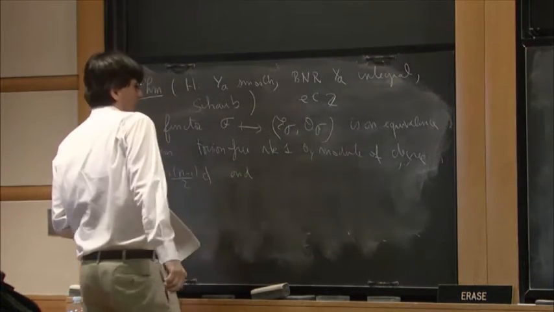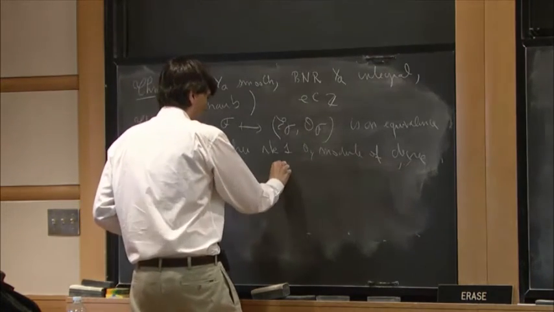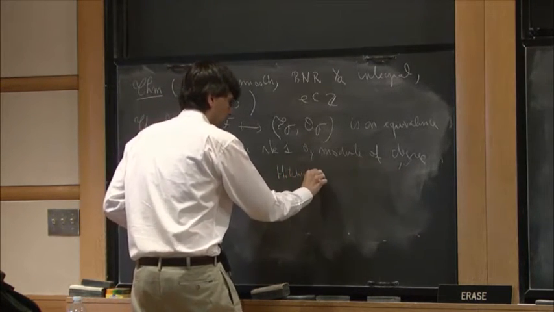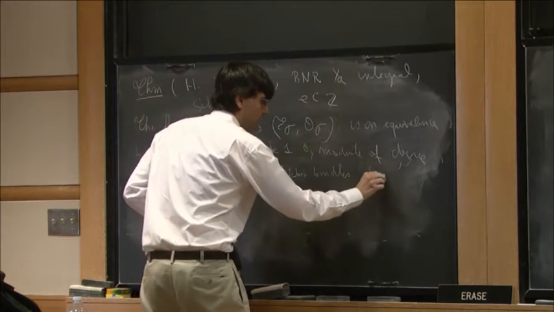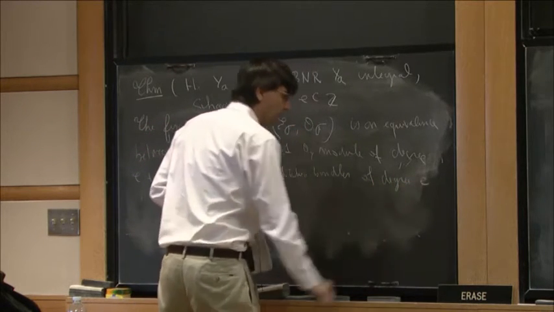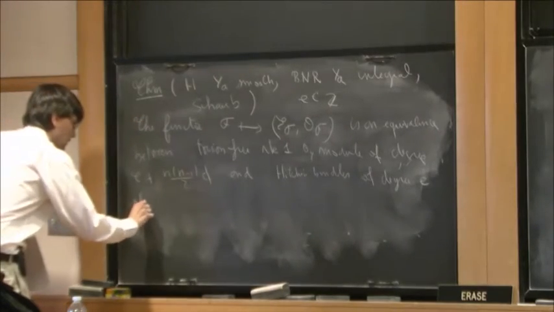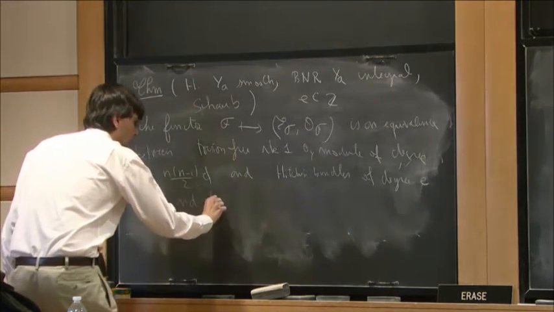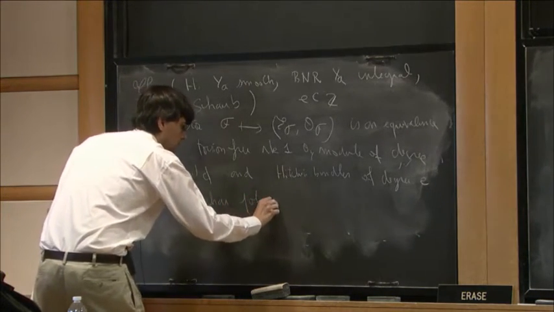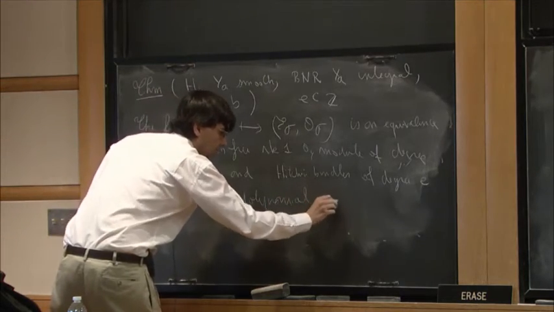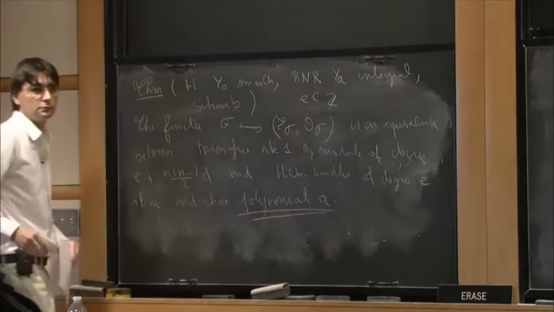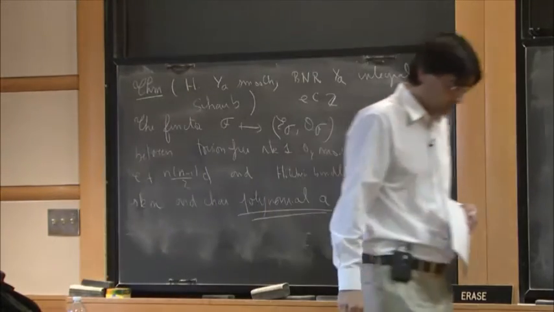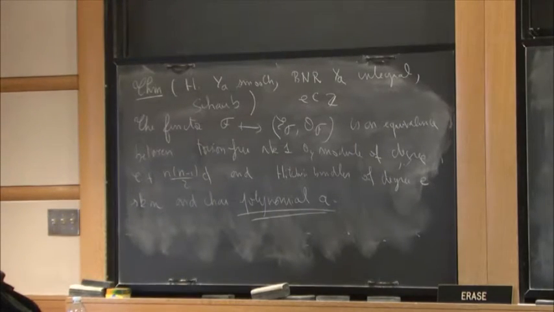and the groupoid of Hitchin bundles of degree e, rank n of course, and characteristic polynomial A. And so essentially, by the Cayley-Hamilton theorem, we can go in the other way.